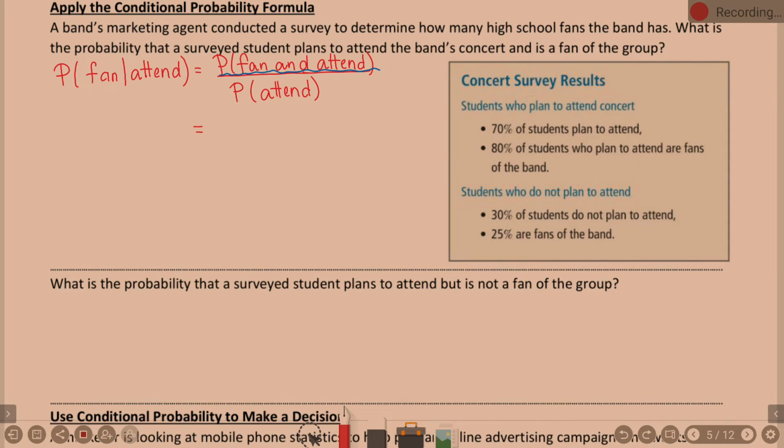So, with that in mind, trying to figure out the best way to teach this. That's what it's coming down to. Do we know the probability that a student is a fan given they're going to attend? Student is a fan, and 80%. That is 80%. Now, normally when we put numbers in a formula, we don't use them in percent form. We use them as a decimal. Oops, wrong place.